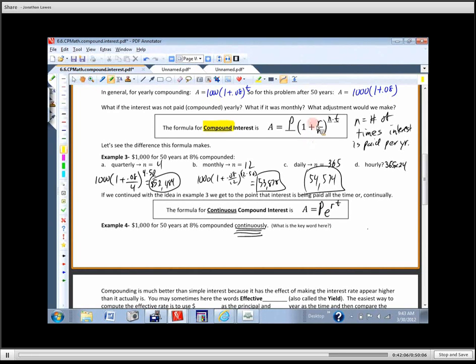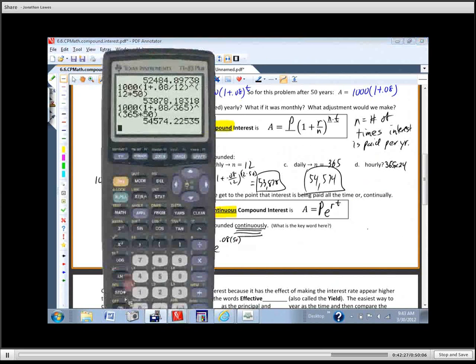So we're going to put into our calculator this formula. It's going to be $1,000, and then it's going to be E raised to the 0.08 times 50. So we'll throw that in the calculator and see what we end up with.